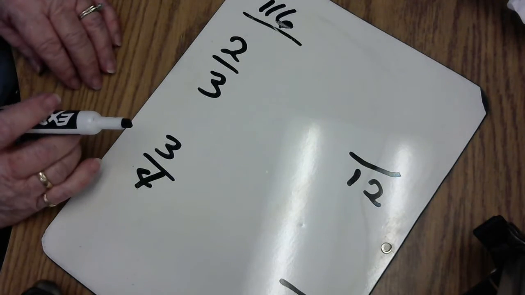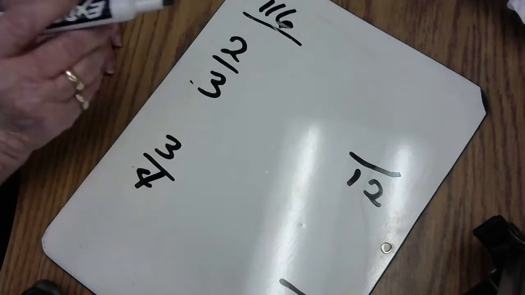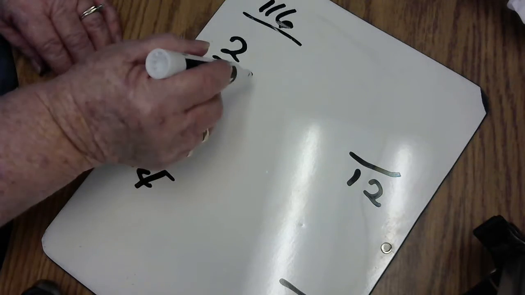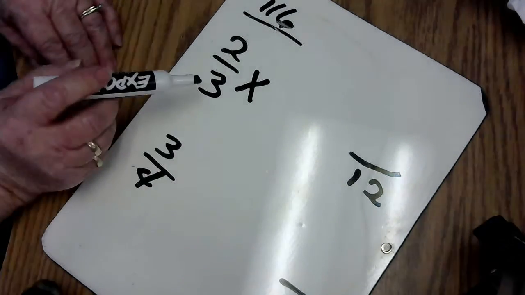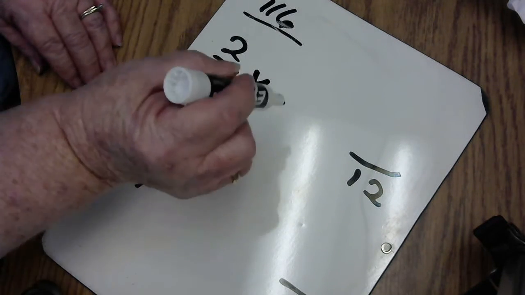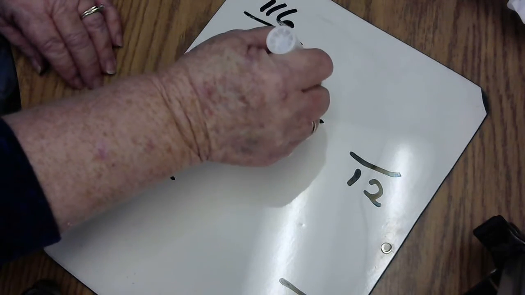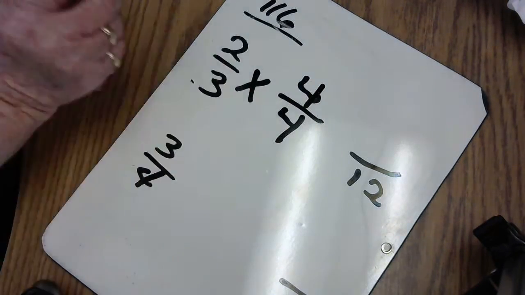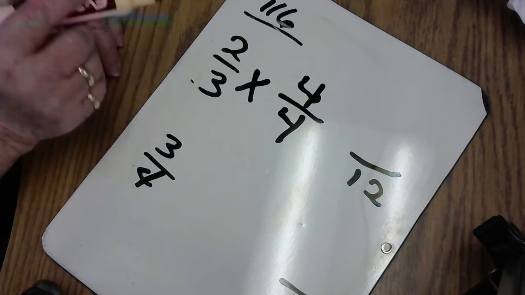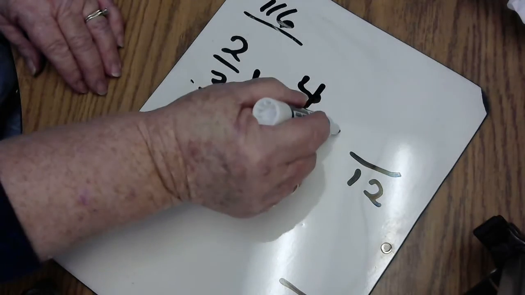I need to figure out how to get from here over to there. To do that, we multiply. What 3 times what gives you 12? Well, that's 4. So we're going to multiply it by a number that's equal to 1. 4/4 equals 1. So 3 times 4 is 12.